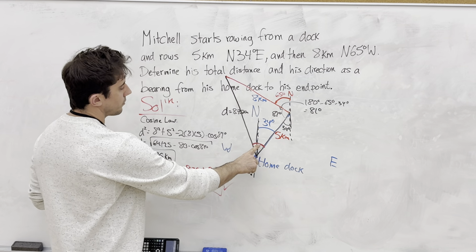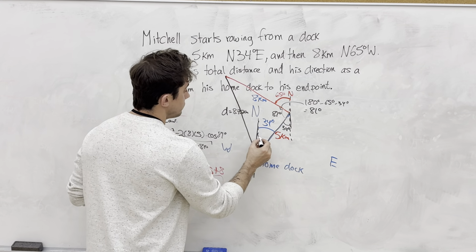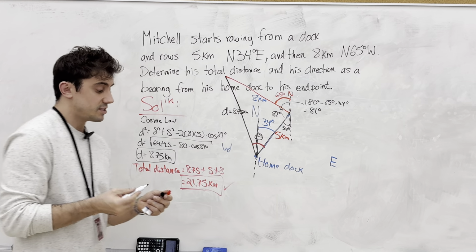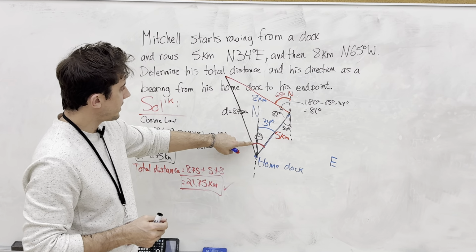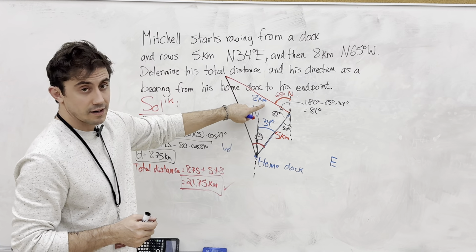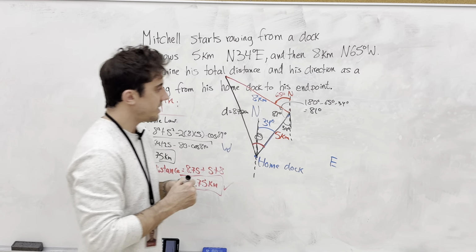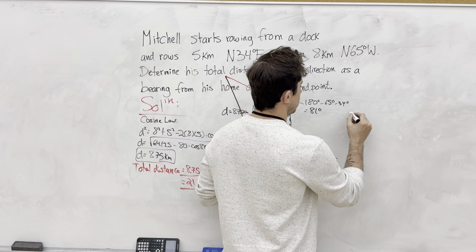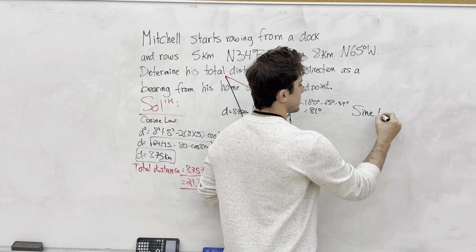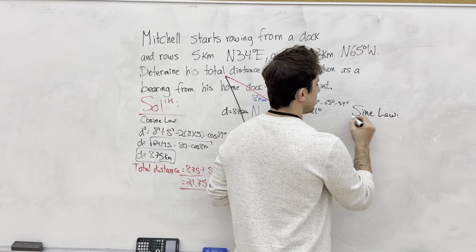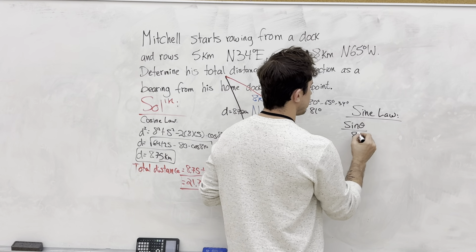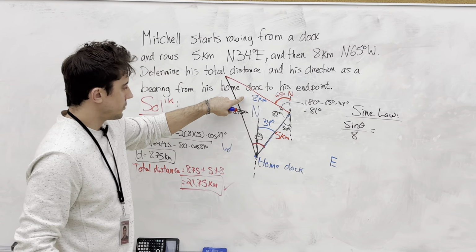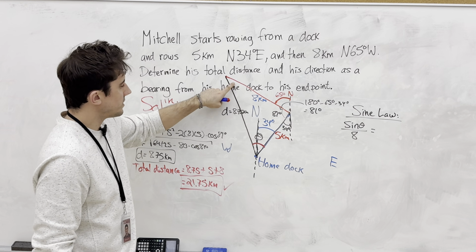So we're looking for, let's call this angle theta, since we haven't used theta yet today. So we'll have sine of theta over the opposite side length. Opposite to this angle is 8. And so, using our sine law, we can write sine of theta over 8 is equal to, we don't know this angle yet.